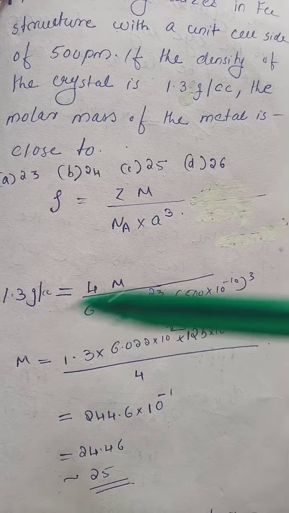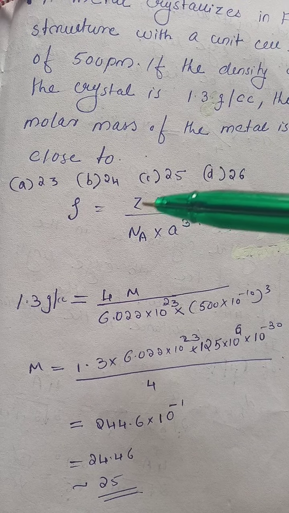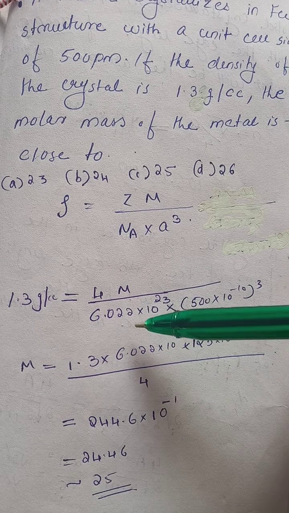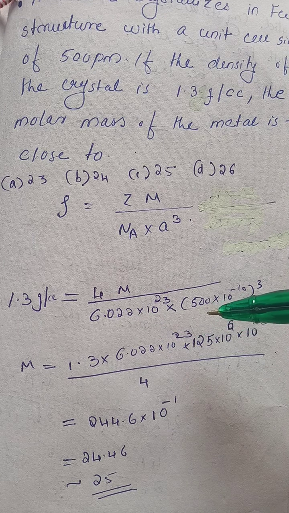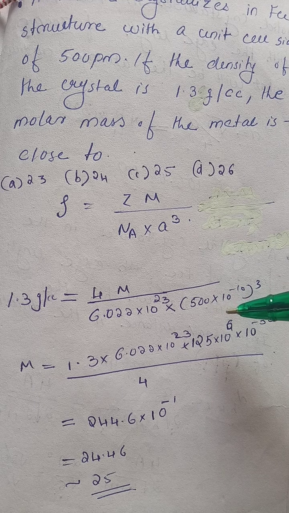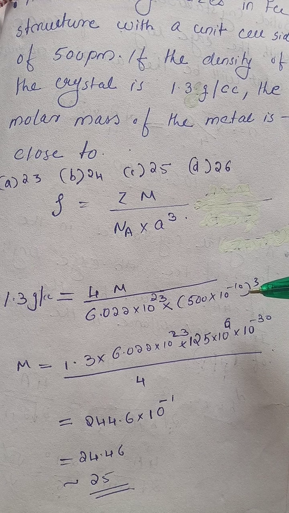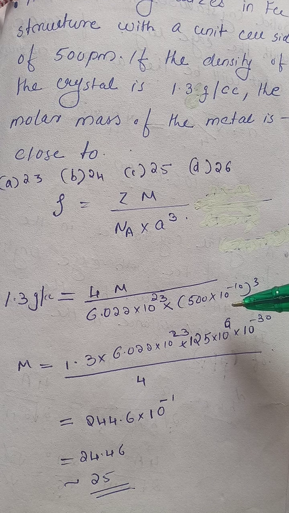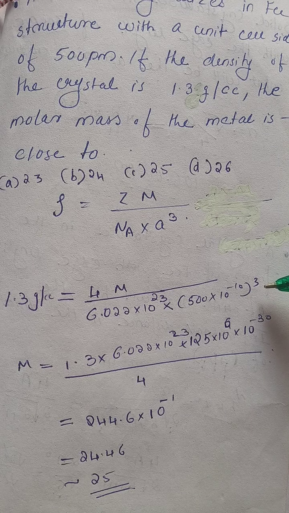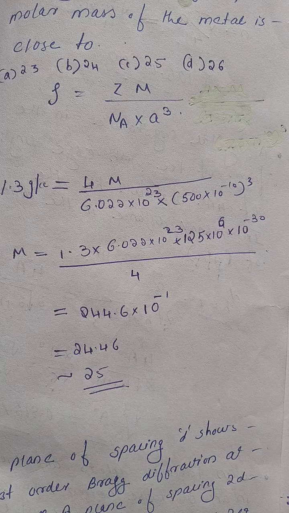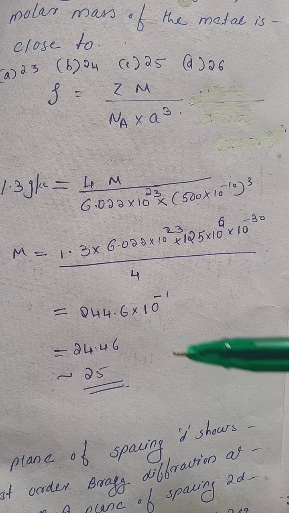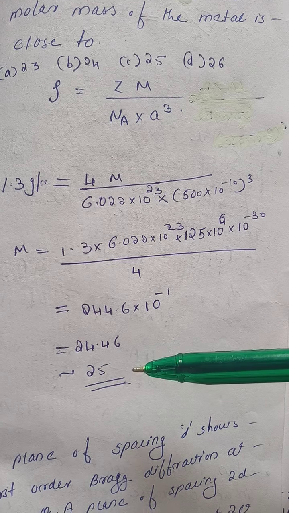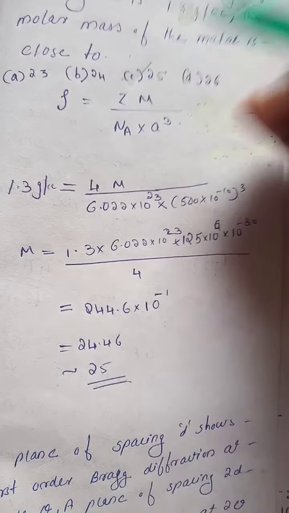Rho is given and this is a FCC lattice, so Z is equal to 4, and M, Avogadro number into, we have unit cell 500 into 10 raised to minus 10, picometer converted into centimeter, so 10 raised to minus 10 centimeter whole cube. On simplifying we get 24.46, which is approximately equal to 25. So our option is C.